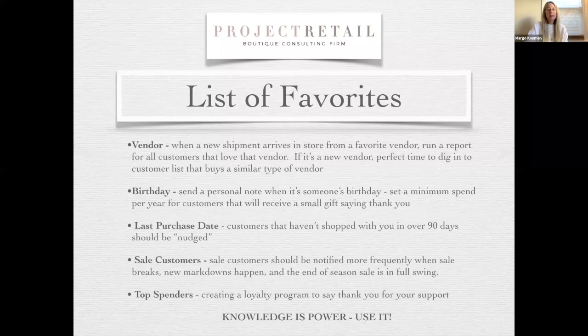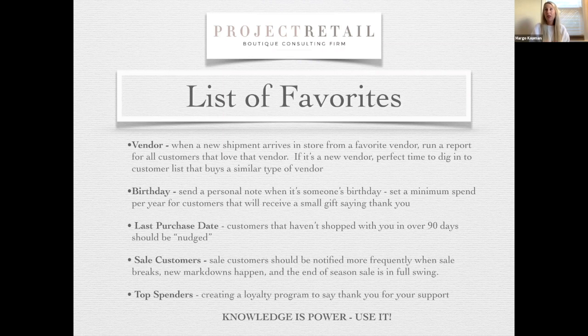Last but not least, and really this is the point of conversation. The list of favorite reports that I like to run by customer is the vendor, of course. So whenever a new shipment arrives from a vendor, pull a list of all the customers that have bought that vendor from you.